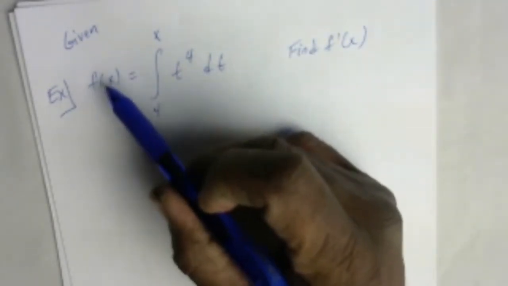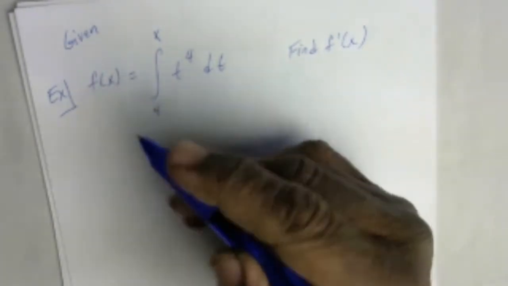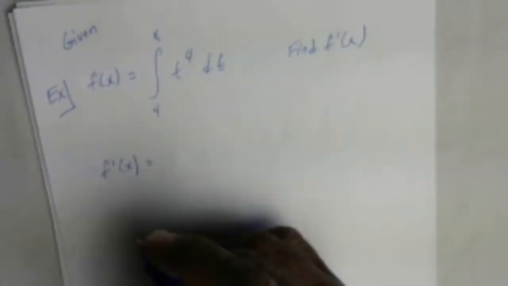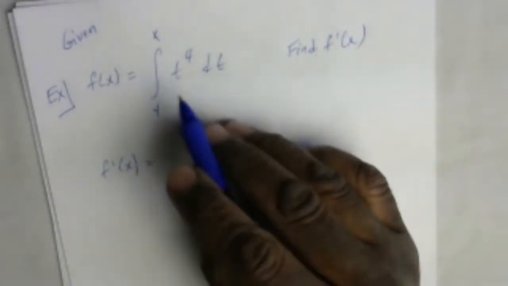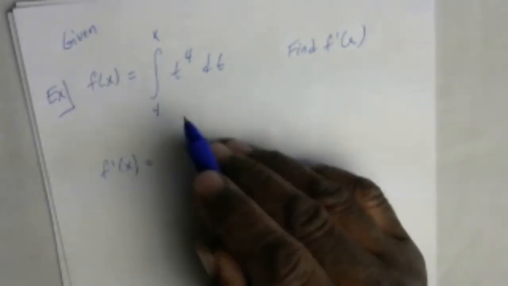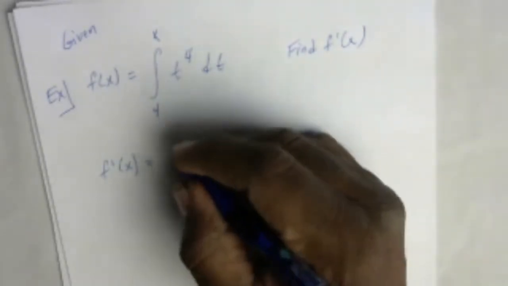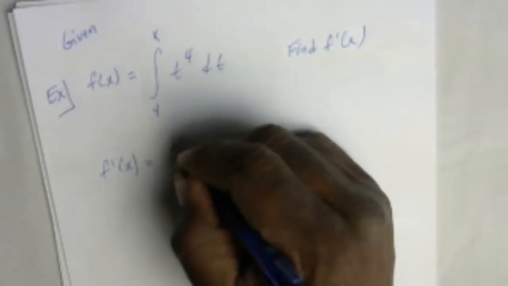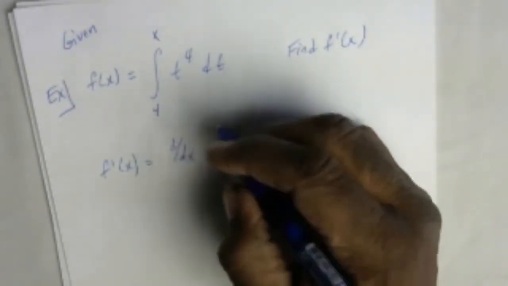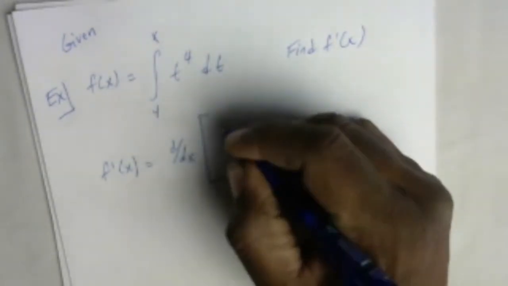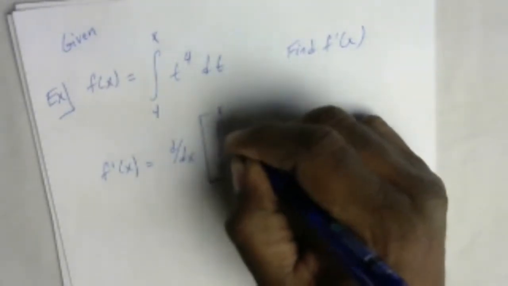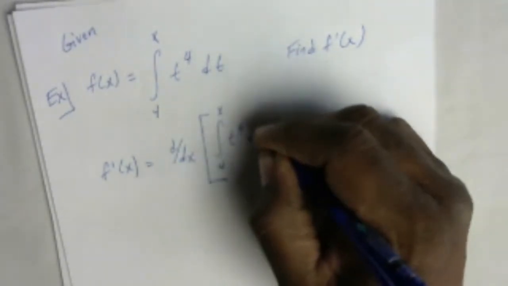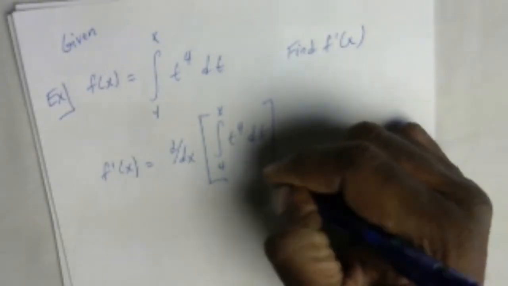The derivative of f of x is f prime of x. Now I'm going to take the derivative with respect to x for the right-hand side. So I'm simply going to write it out as d dx, the derivative with respect to x of the integral from 4 to x of t to the 4th dt.